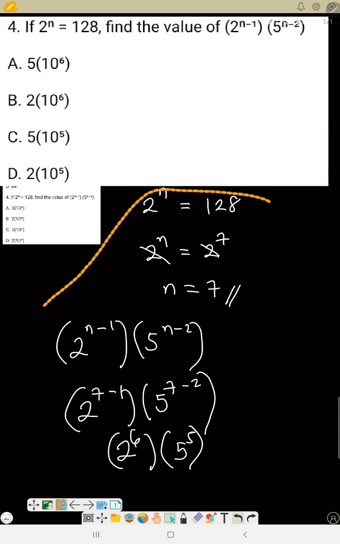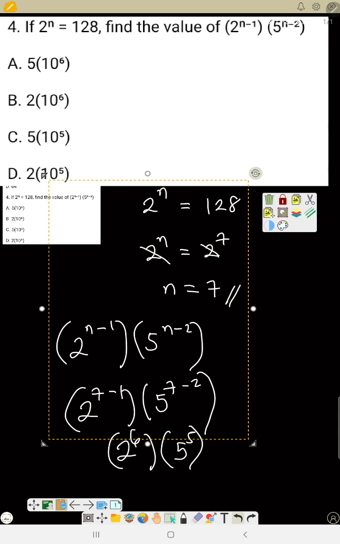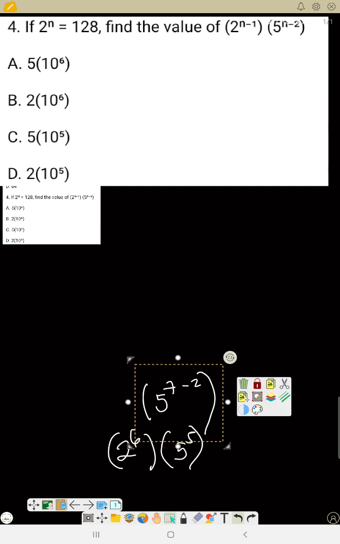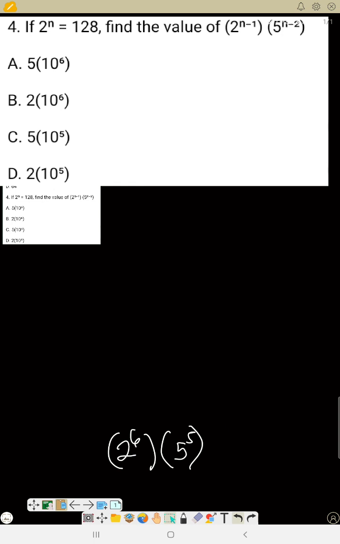But see the way they leave their answer. You will notice that 2 is out, 5 is out. So now 2 raised to power 6, 5 raised to power 5.